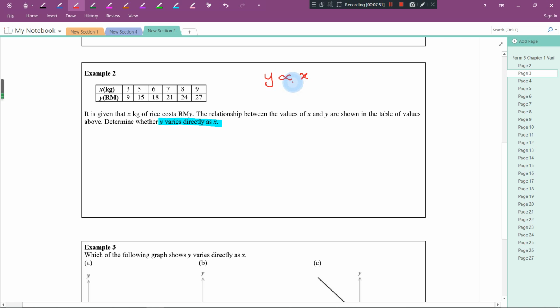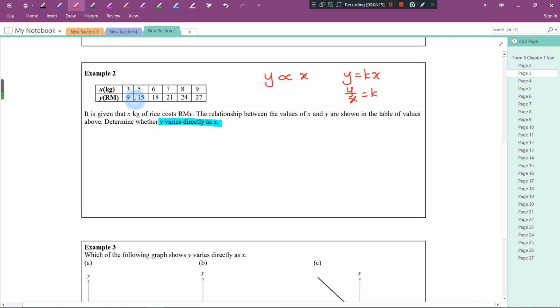This is the variation relation. If I want to write it in equation form, then it will be y equals kx. From here, I know that if y varies directly as x, y over x will be equal to a constant, right? So if I want to determine whether y varies directly as x, it's very easy. I just need to find the value of y over x.